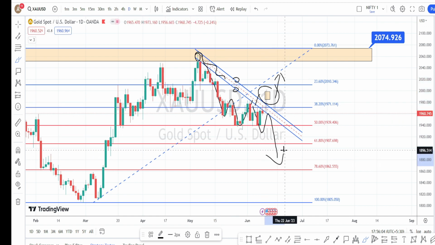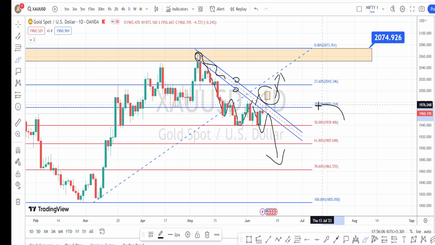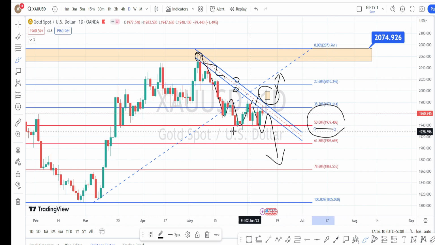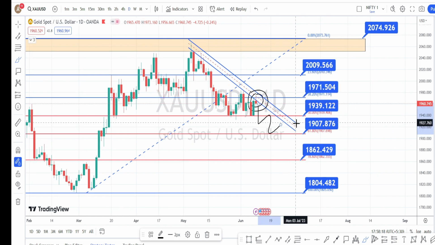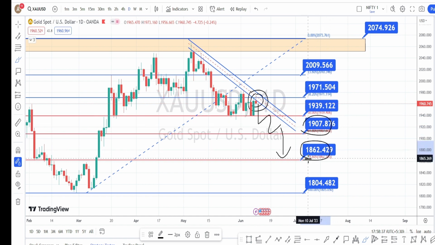And when we closely look at the level where the price action is taking support, it is taking support at the 50% of the Fibonacci's retracement level, which is around 1939, and next level of support is going to be around 1907, 1862 and 1804.